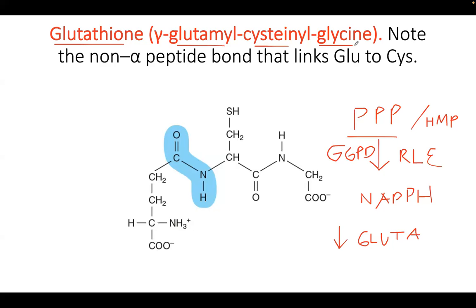One is glycine. What are the others? We have glutamate, very good. We have glutamate, we have cysteine, and we have glycine.